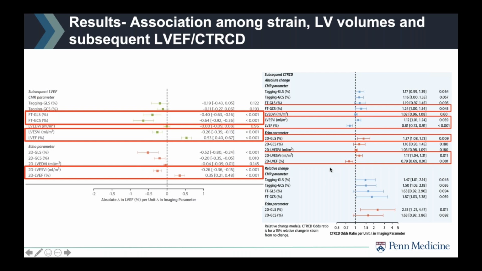With subsequent CTR-CD, absolute and relative change in echo did predict subsequent CTR-CD, and so did absolute and relative change in LV end systolic volume index. But for feature tracking, it was only the absolute change in GCS which predicted subsequent CTR-CD.